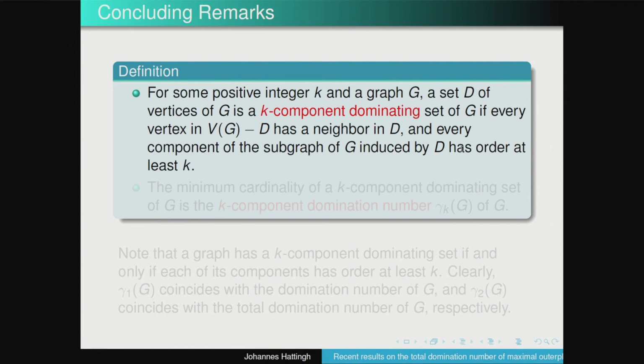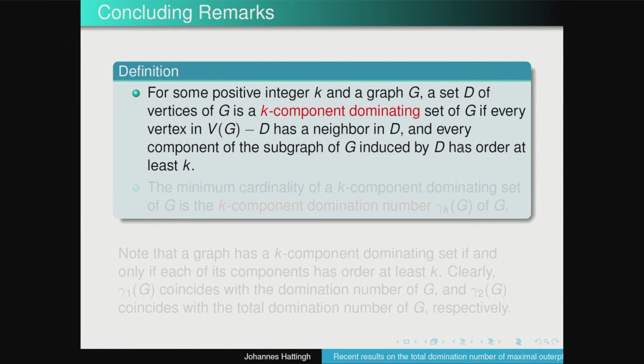And so for some positive integer k and graph G, a set D of vertices is a k component dominating set if every vertex outside the set has a neighbor inside the set, so it's obviously dominating, and then every component of the subgraph of G induced by the dominating set has order at least k.